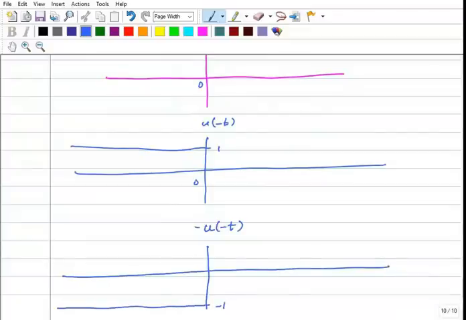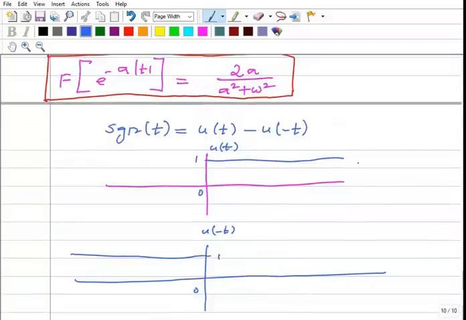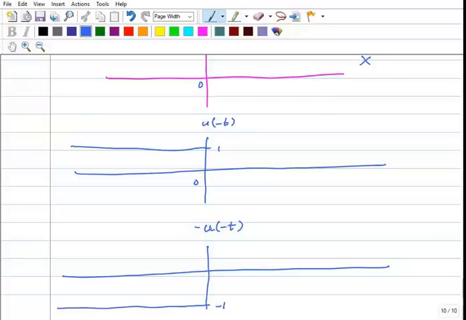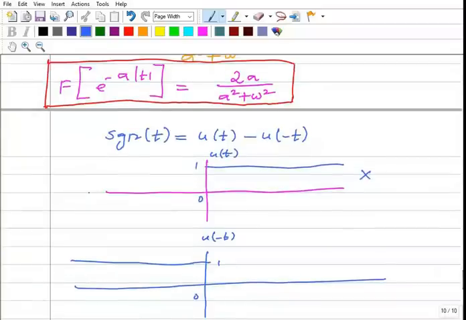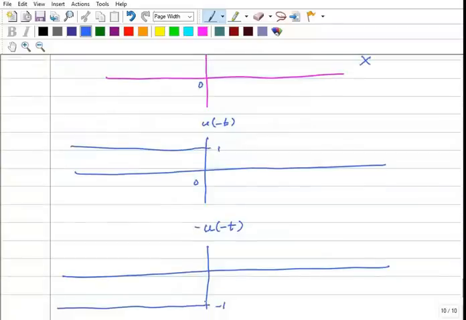Now you perform this operation. U of t, and no need of minus, already we included the minus here. So just add these two signals. So what will happen? On the left side, from minus infinity to 0, u of t is 0, whereas this signal is minus 1. So from minus infinity to 0, I will get minus 1.